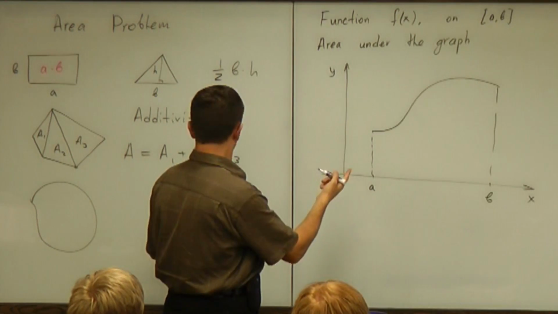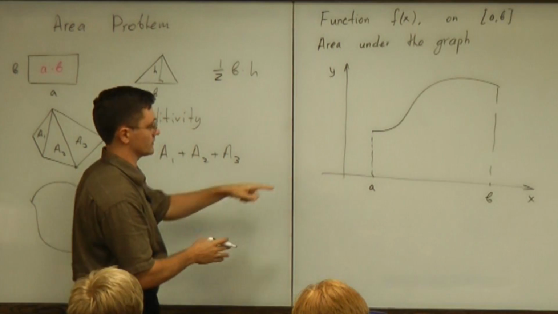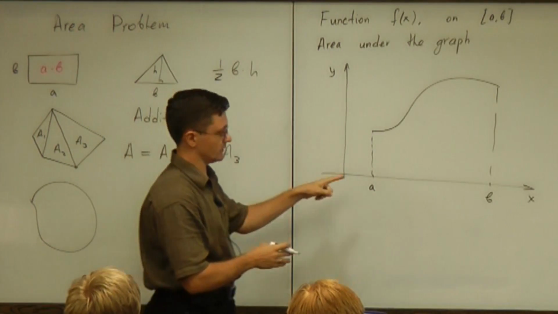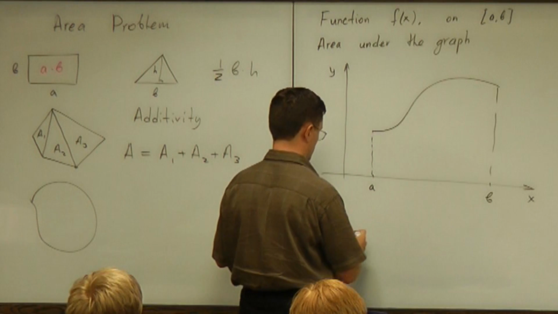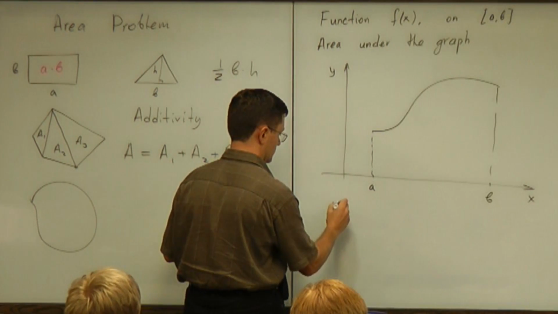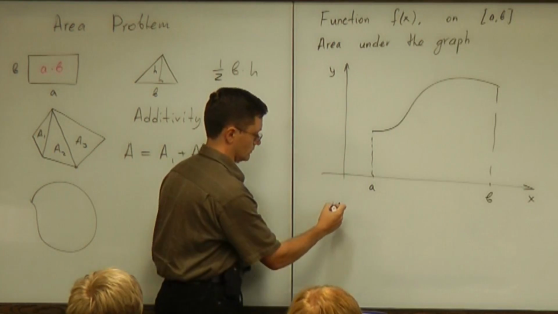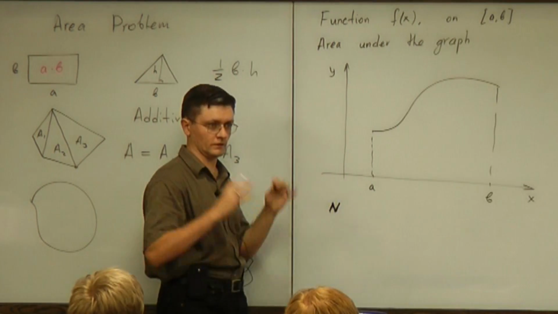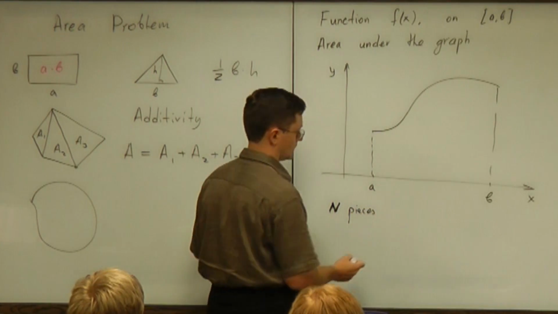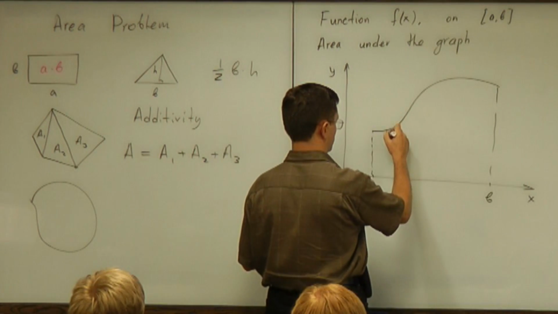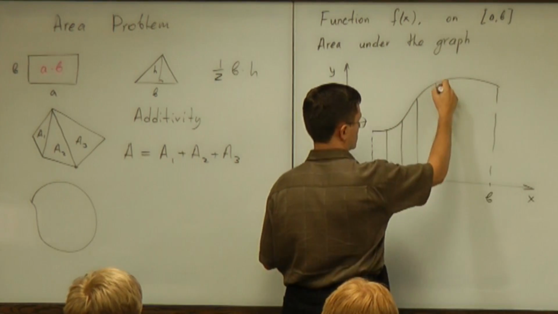And what we do is we specify exactly the procedure. The procedure is we subdivide this area into pieces. So what we do is we say we will subdivide into n pieces, where n is a large number. And those pieces are going to be vertical pieces like this.